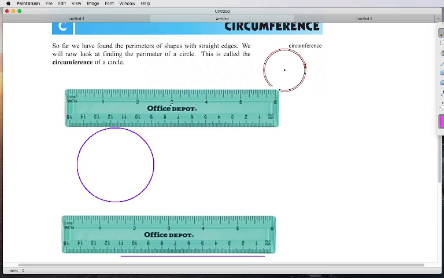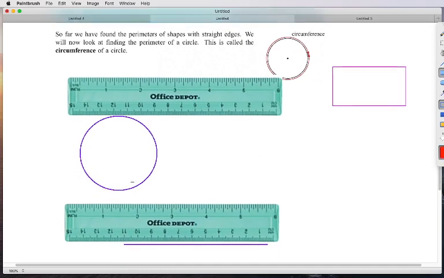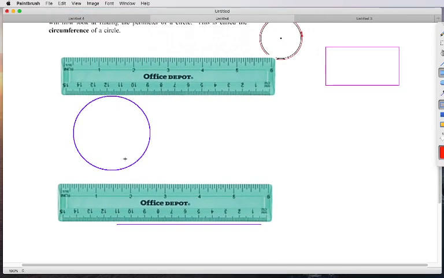Now, if we look at this circle and we want to try and measure the outside with a ruler, you would imagine that it's not so easy. So if we have a square, we can take a ruler and measure each side. It's very easy. But if you try to rotate the ruler around a circle, it's very difficult, you would probably think. So one way we could do it if we wanted to actually measure it is we could cut this circle at this spot here, and then if it unrolls, it would unroll into a straight line.